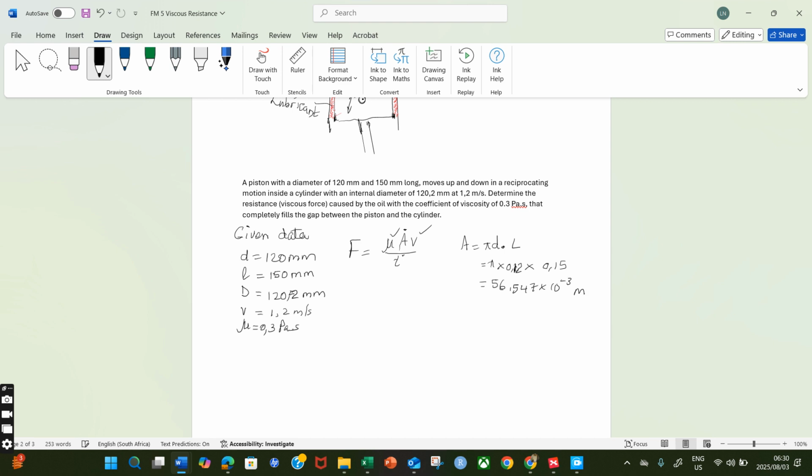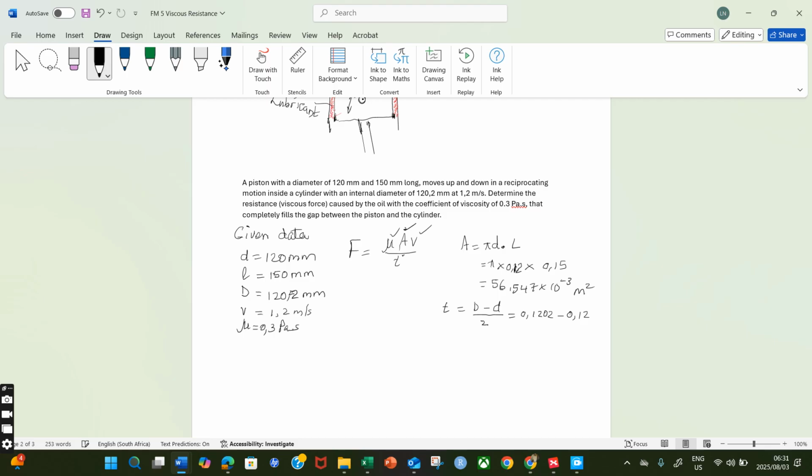This is in square meters. So we have the area now. So we go to T, which is the clearance between the piston and the cylinder. This is the diameter of the cylinder minus the diameter of the piston, over 2, which is 0.1202 minus... don't round this off, write it as it is.